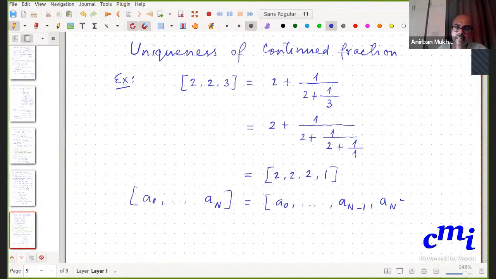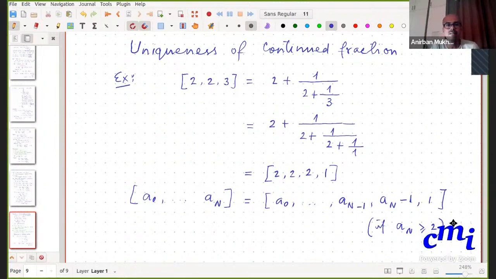Then I write an minus 1, just one less, and then put in 1. Of course, this can be done only if an is at least 2. If it is at least 2, I can always do this trick.